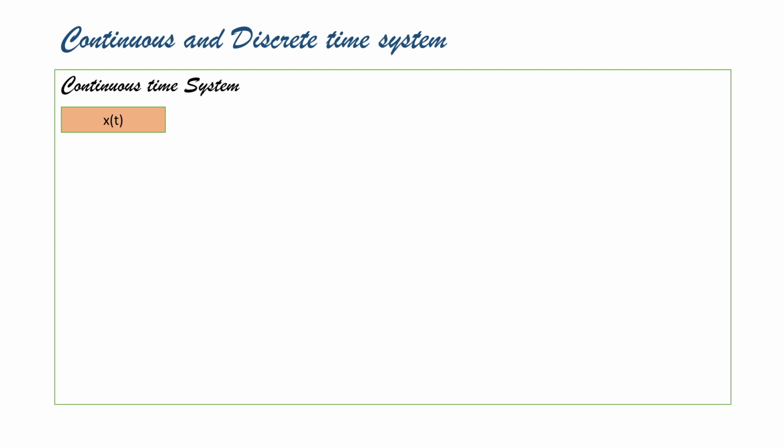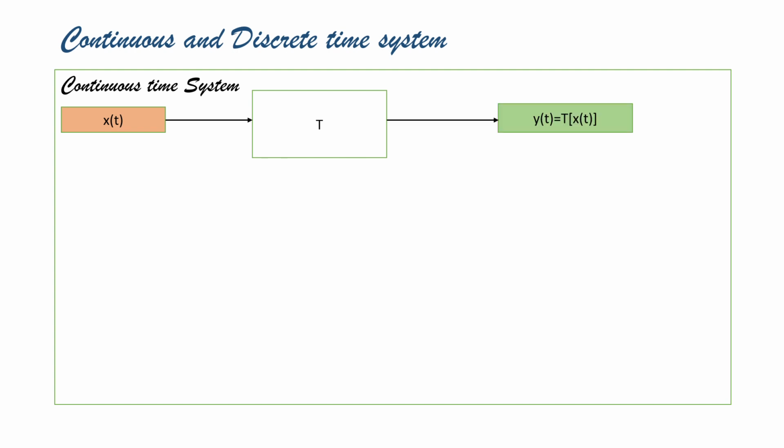In a continuous time system, if I feed x(t) into a particular black box, or I say hardware, where the transformation is going on, we get y(t), that is the output, and we can say the output is nothing but the transform of the input, that is x(t). So it is written y(t) equals transform of x(t).